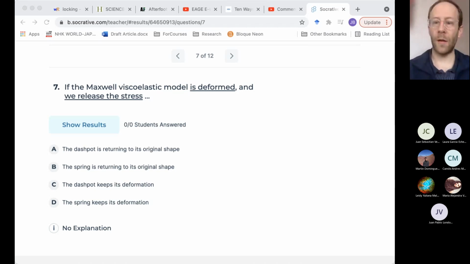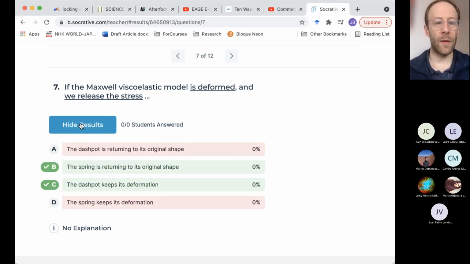No, it's okay. I was just wondering if everybody basically agreed, just to make sure that you're on the same page. Yes, B and C. These two are the right ones.